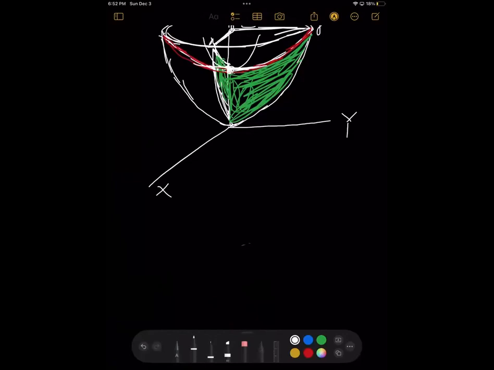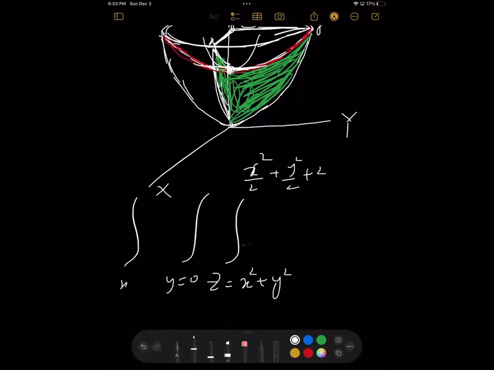Hopefully it is correct. So our z goes from x squared plus y squared, this is the lower, and it goes till x squared by 2 plus y squared by 2 plus 2. This is our z boundary. And we know that y is equal to 0 and x is equal to 0. Fine.